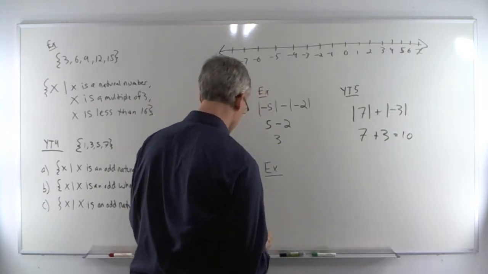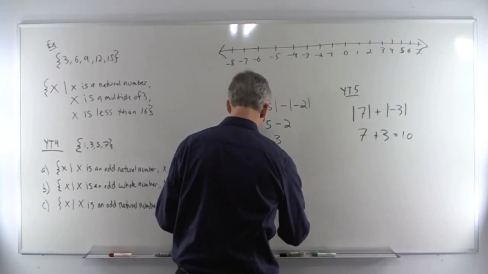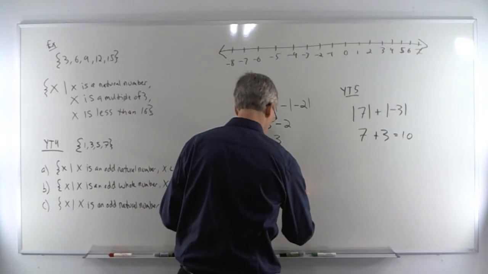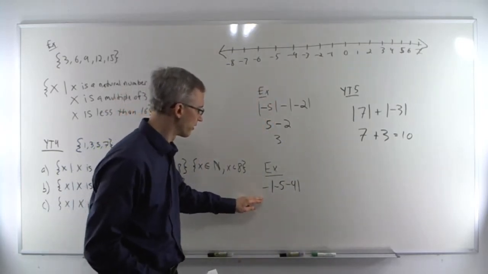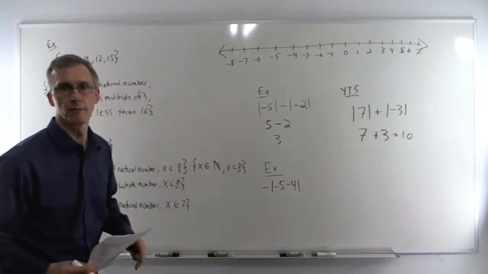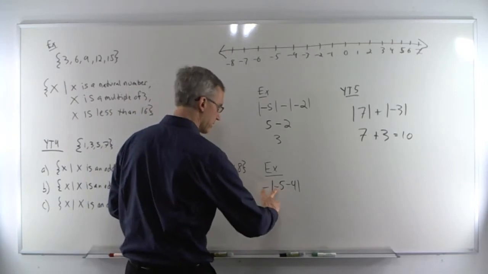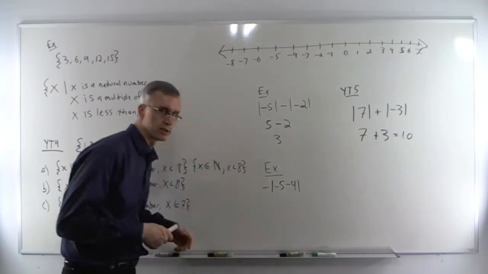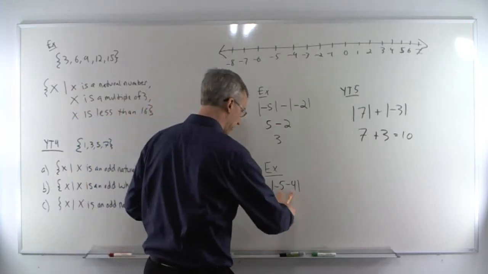We've actually got an entire expression inside the absolute value bars. So we're going to do the negative of the absolute value of -5 minus 4. Again, we're not going to be canceling these negatives because we need to evaluate them one at a time. We're going to evaluate inside the absolute value bars first.